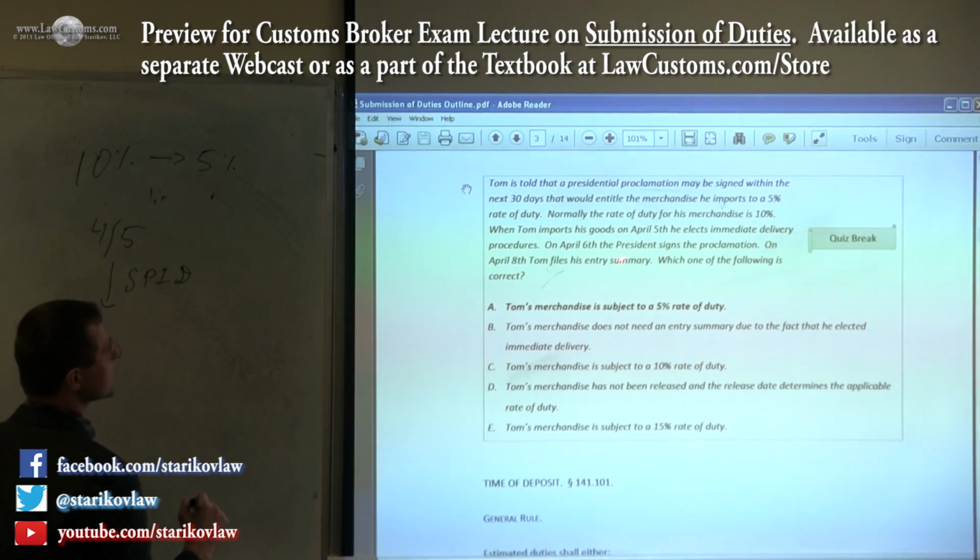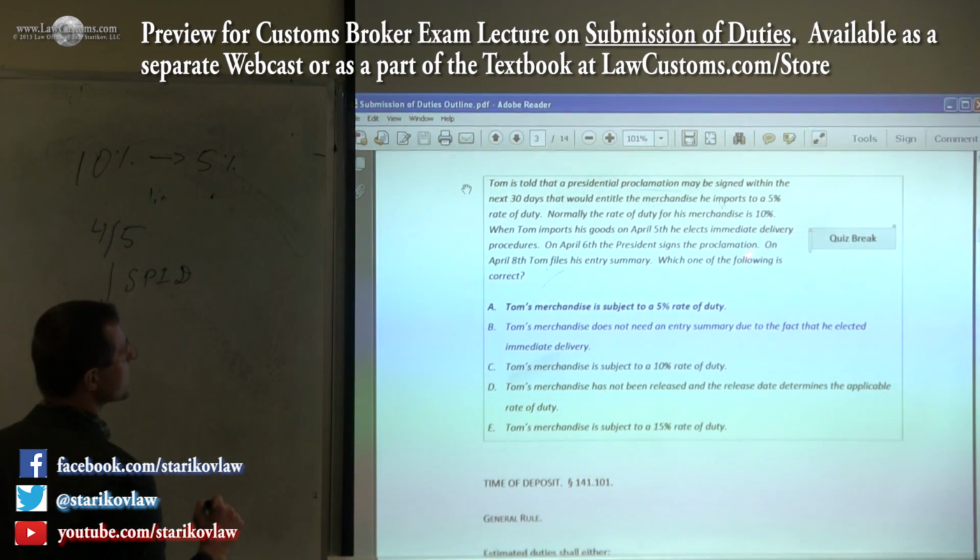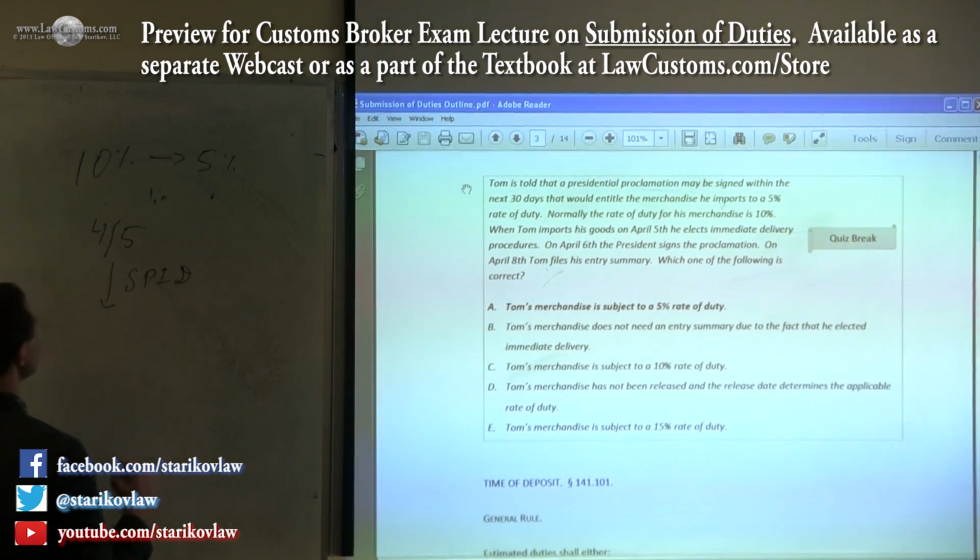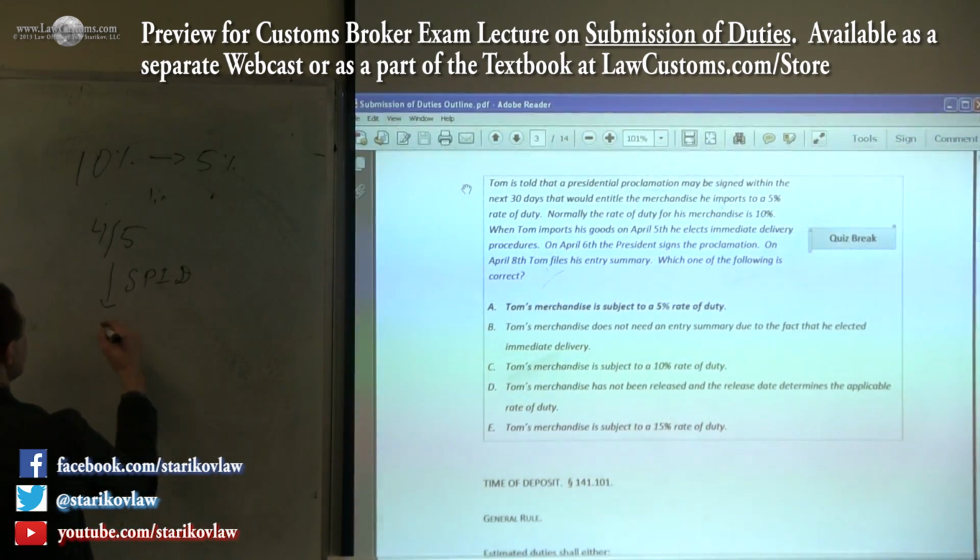On April 6th, the president signs the proclamation. On April 8th, 4/8, entry summary is filed.